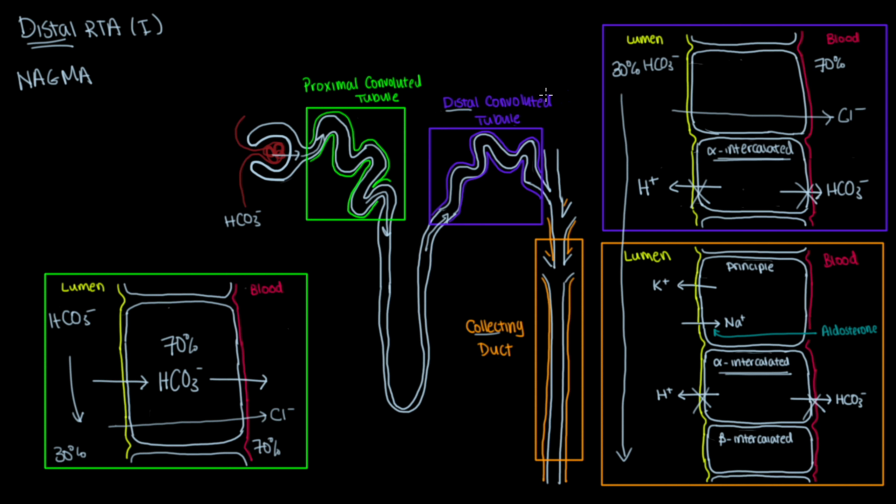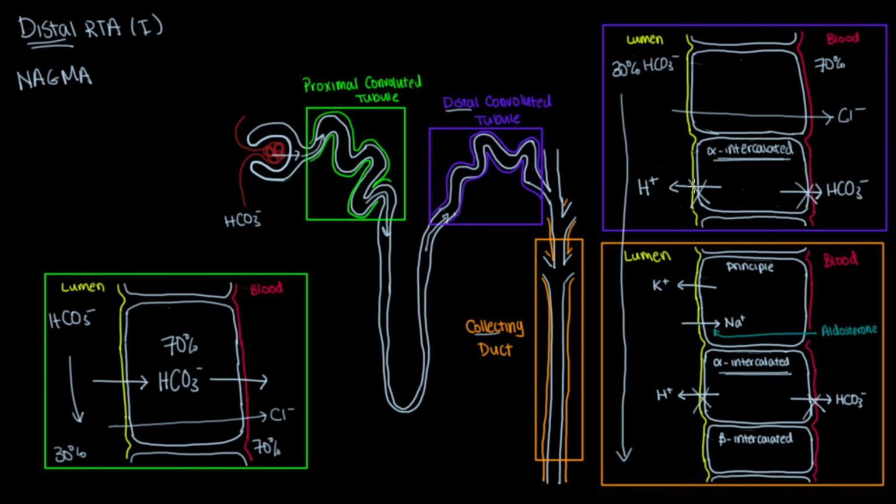And the next thing that we have to note is that this bicarb that's here, it's a negative charge that's being shunted down this lumen. And again, we have to keep a balance in terms of the negative charge. So of course, extra chloride had been able to move across to account for that, so that's good. But the negative charge also is usually accounted for by the positive charge movement of acid and potassium into the lumen.